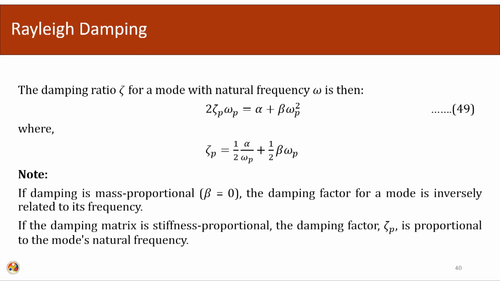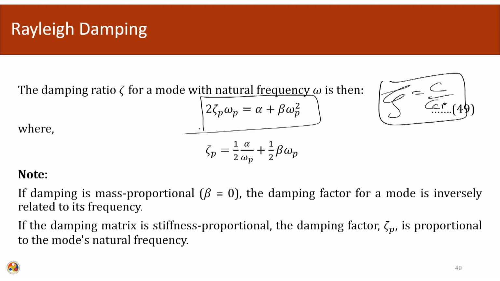The damping ratio zeta for a mode with natural frequency omega is then zeta, that is C divided by C critical. This is given by this particular equation.